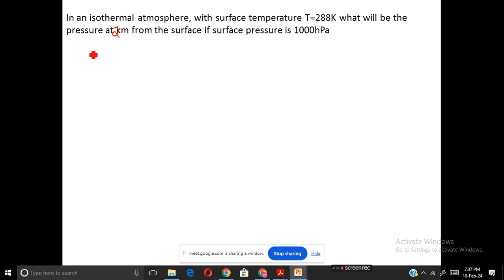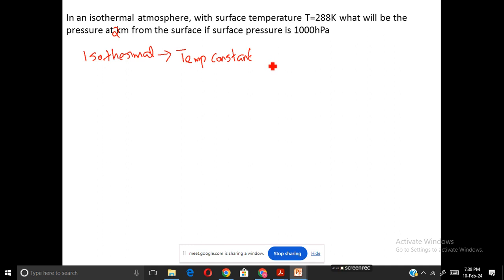In an isothermal atmosphere, do you know what is meant by isothermal? Have you heard of isotherms, isobars, something like this? Isothermal basically means the temperature is constant. So in an isothermal atmosphere, assume that the temperature of the atmosphere is constant.